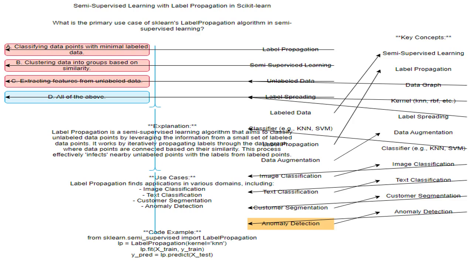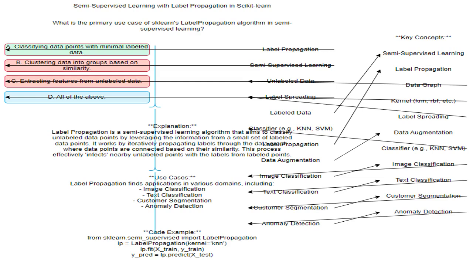Let's say you have a dataset of financial transactions, and you've labeled a few as fraudulent or legitimate. Label propagation can help classify the remaining transactions as fraudulent or legitimate based on their similarities to the labeled transactions. However, it's not directly suited for clustering or feature extraction in this context.